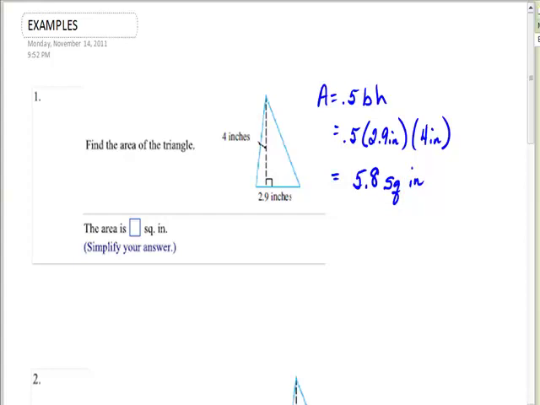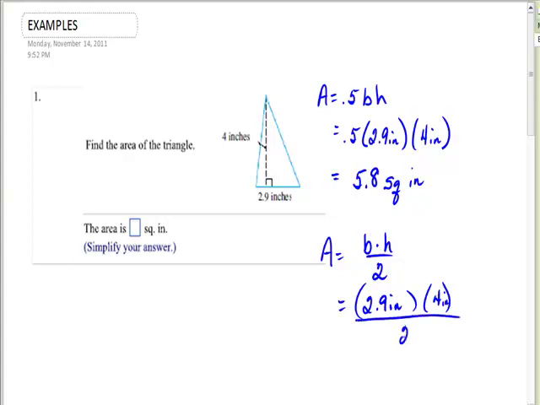Okay, now the alternate formula that you might have chosen, and I just want to show you, you get the same thing, is base times height divided by 2. So you could have 2.9 inches times 4 inches, and whatever you get, divide by 2. All right, 2.9 times 4 gives me 11.6.